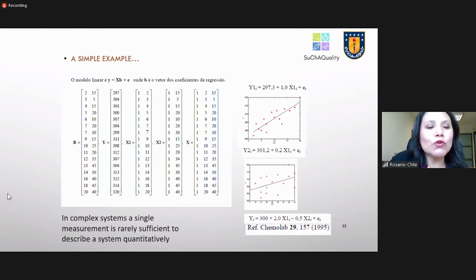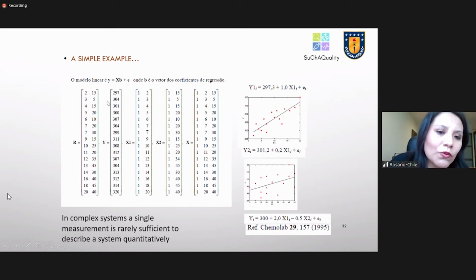If we use univariate analysis, we are using just one column of this matrix, for example the first column. If I do a regression between this first column and the response, I will have this relationship. Okay, it's good. Here I have the linear equation.